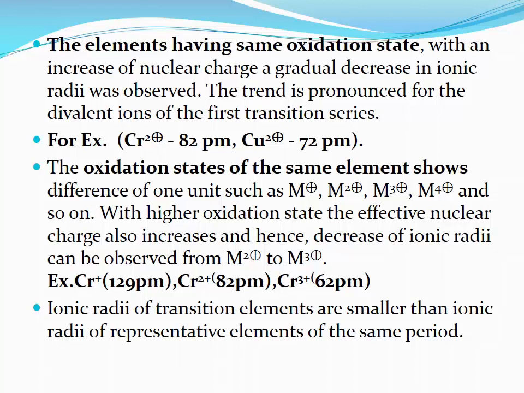This suggests that as the oxidation state increases, effective nuclear charge also goes on increasing, and thus ionic radii go on decreasing from Cr+ ion to Cr3+ ion. Ionic radii of transition elements are smaller than ionic radii of respective elements of the same period, that is s block elements and p block elements.